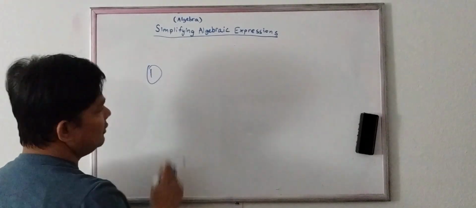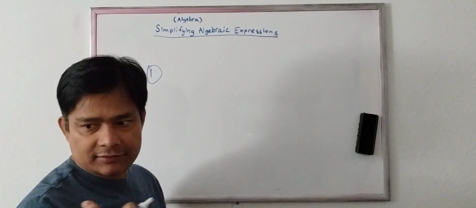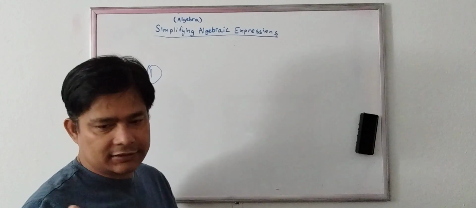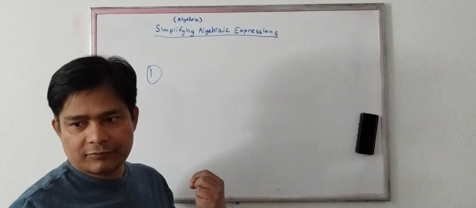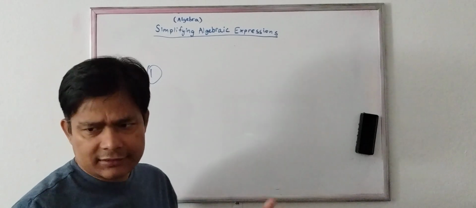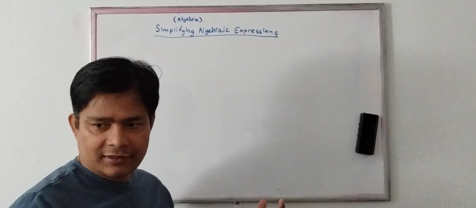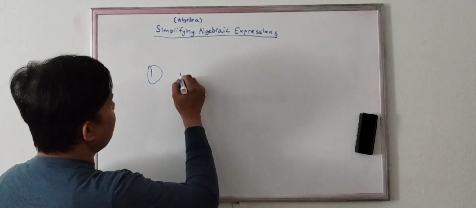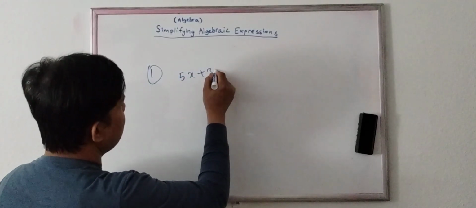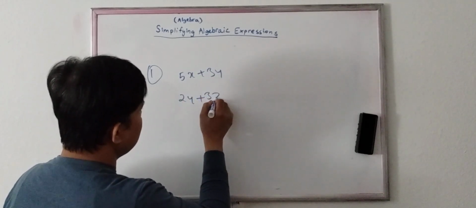First thing, make sure both expressions have terms with the same variables. Like if one expression has z, and another does not have z, you can plus 0z, okay? That will make it the same. So you get 5x plus 3y and 2y plus 3z.